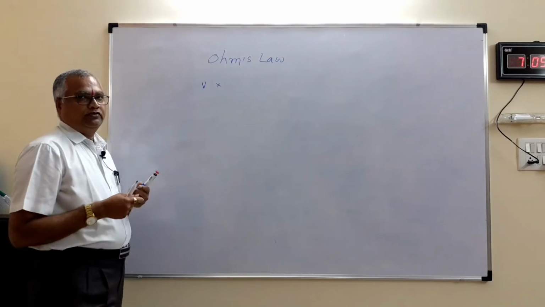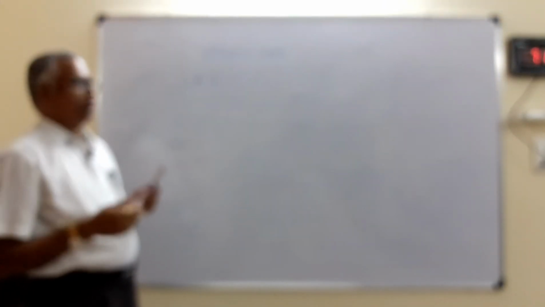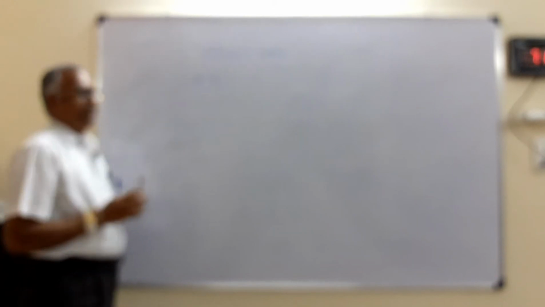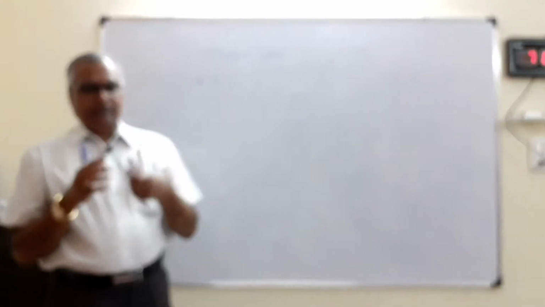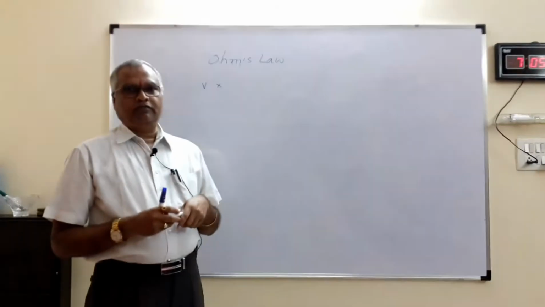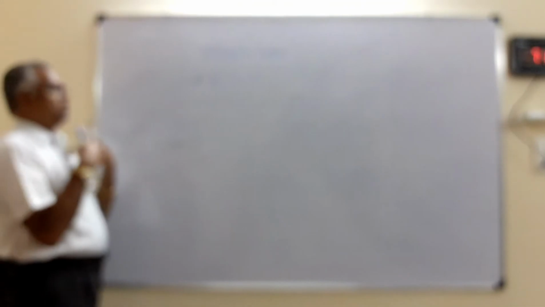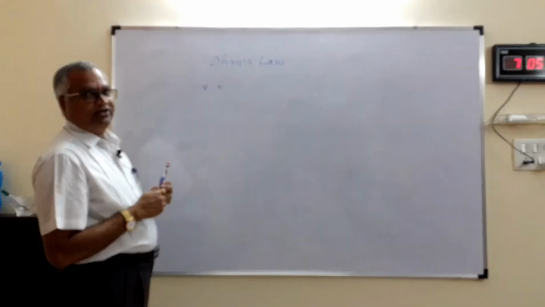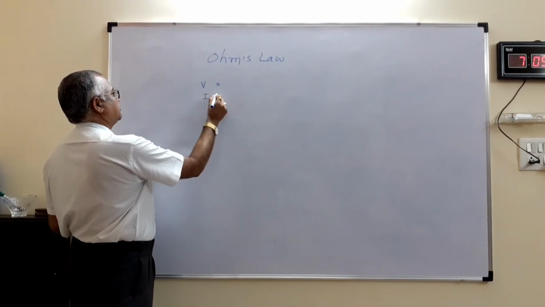If you touch 230 volts, you get a shock, and you will not be there to experience your shock. God gave 5 sensors: ears, eyes, nose, mouth and skin. And these 5 sensors you can't use to understand what is voltage. Not only voltage, current also you can't.